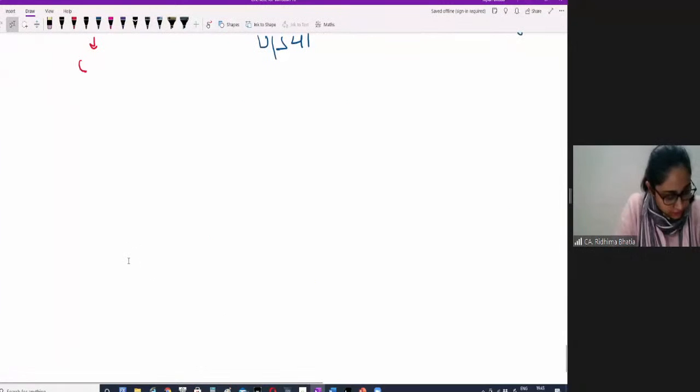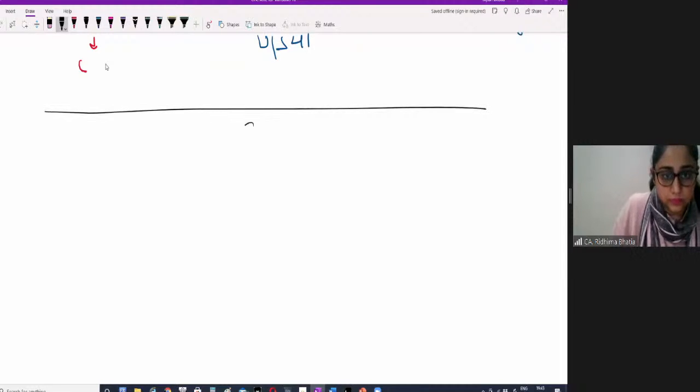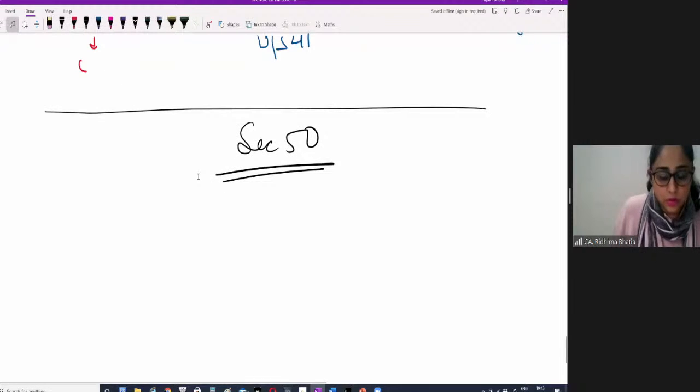Now my section 50 students talks about capital gain in relation to depreciable assets. In this also it is very simple.